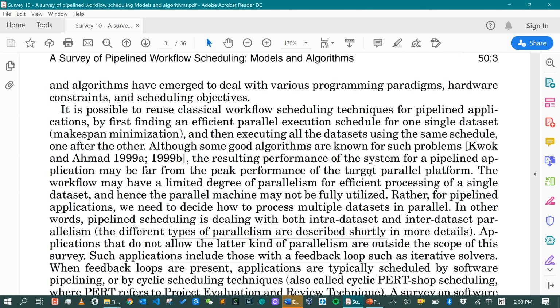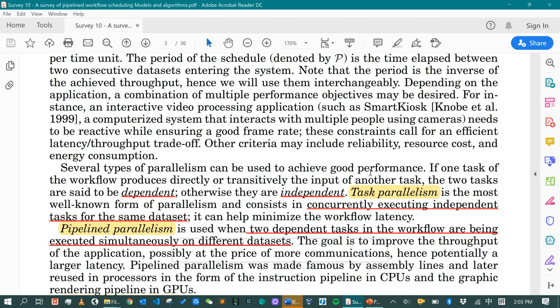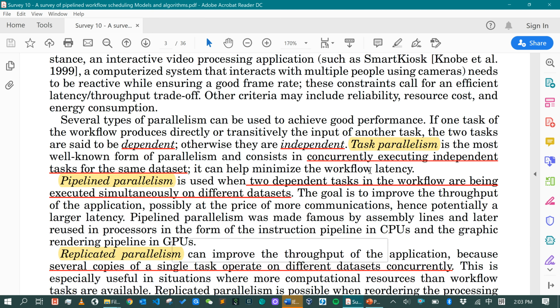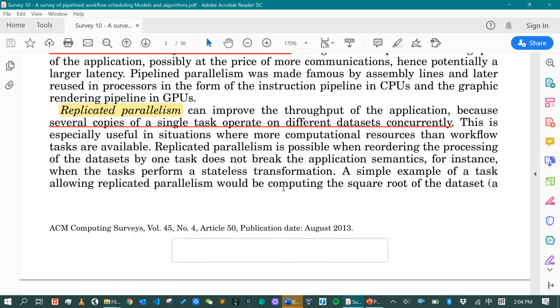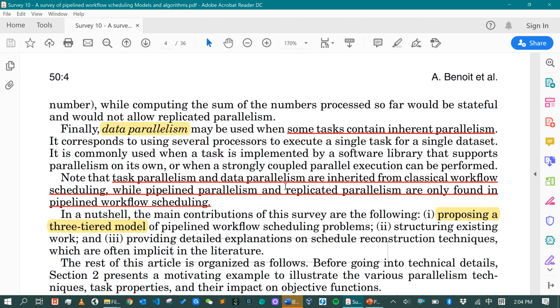The paper introduces very basic knowledge, like the parallelism techniques: task parallelism, pipeline parallelism, and replicate parallelism, and their differences.